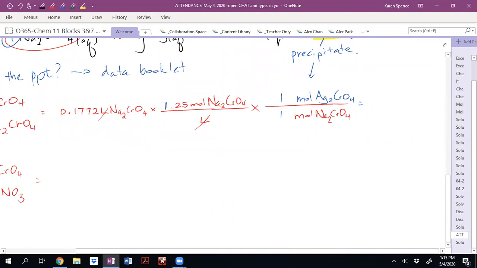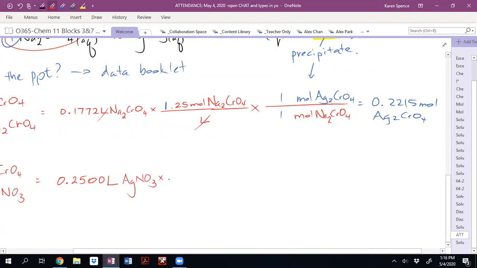Okay, so where did we get to? Oh yeah, so here we are. So that's going to be 0.2215 moles of Ag2CrO4. Let's do our second one. We had 250 milliliters, so it's going to be 0.2500 liters of our silver nitrate, AgNO3.